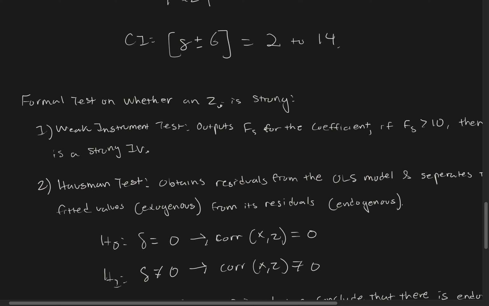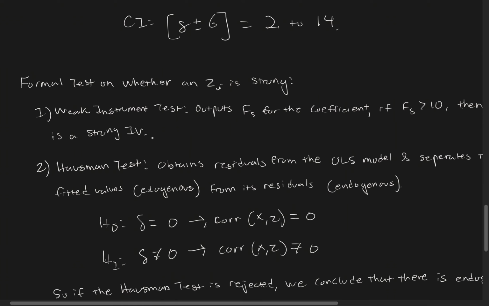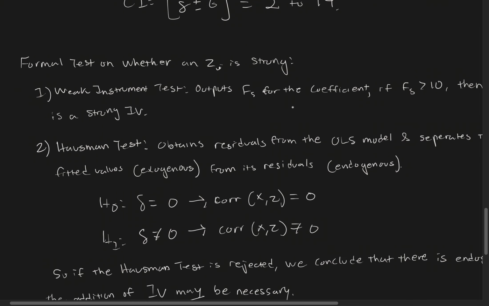All right. So just like all of the other parts of our inferences, we want a formal test on whether our instrumental variable is appropriate. And so what we will first utilize is what we call the weak instrument test. It'll utilize the F statistic for the coefficient of the instrumental variable Z. And if the F statistic test results in a value of greater than 10, then we conclude that it is a strong instrumental variable.